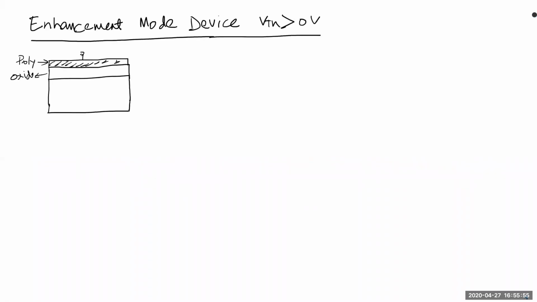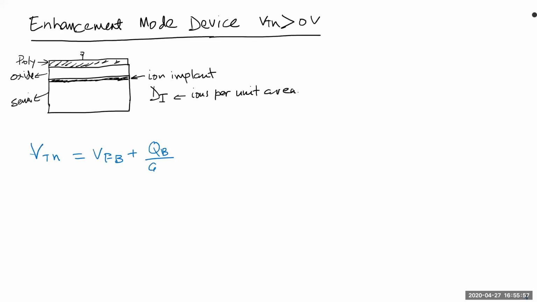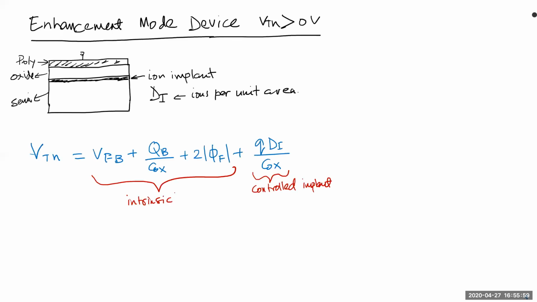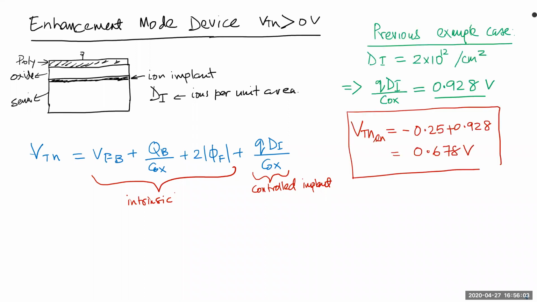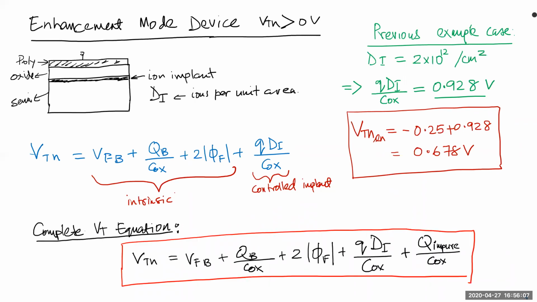Okay, actually, before I went there, I had this slide which I forgot. I think we talked about this, I'll just show. For the VT, we have talked about the ideal, the intrinsic threshold voltage, which is the flat band voltage plus the charge I need for the depletion.